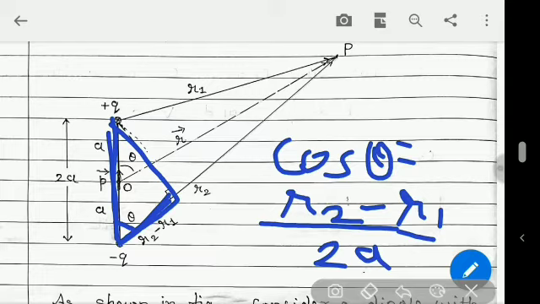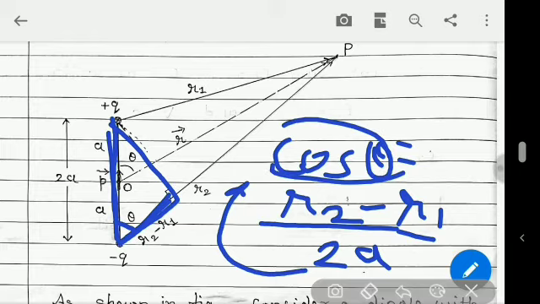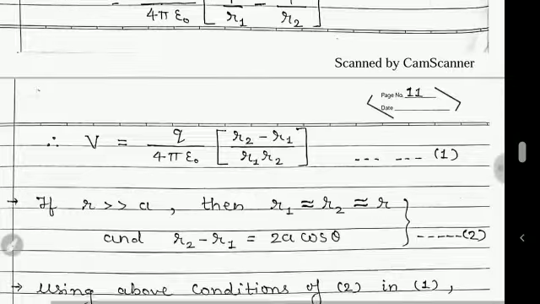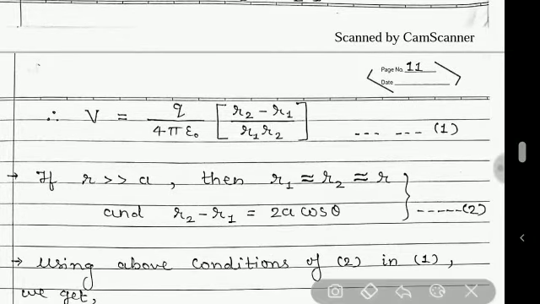Now bring this 2a from the right side to the left side. So it will become 2a cos theta, which is equal to r2 minus r1. I hope you will be able to understand this. So I have written the same thing here, that r2 minus r1 is 2a cos theta.